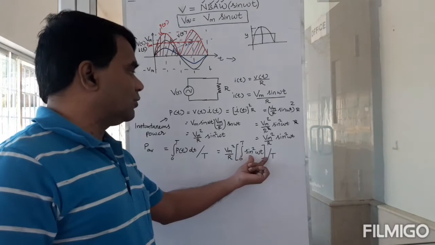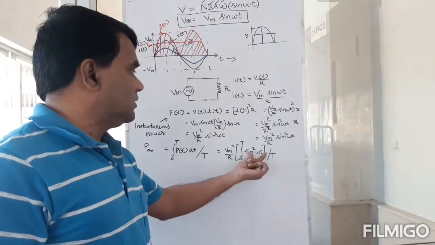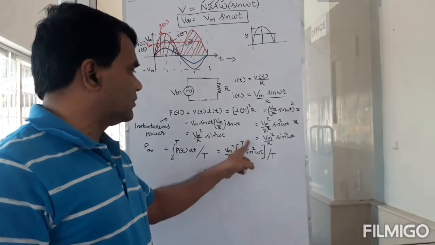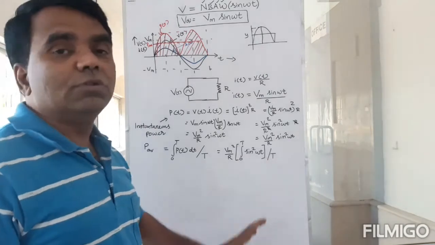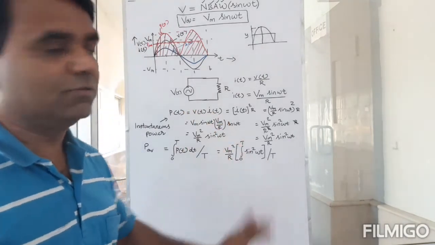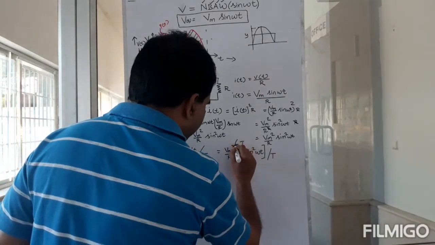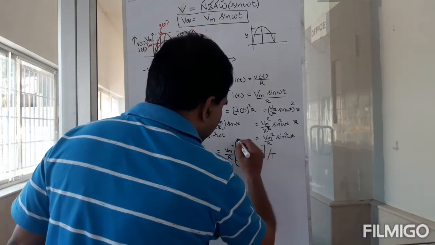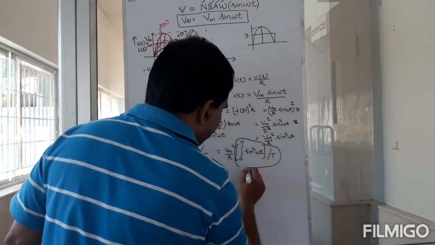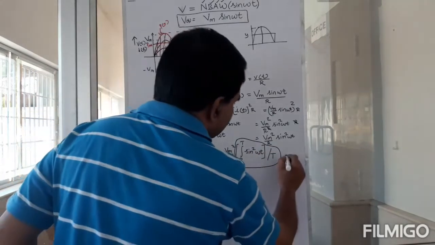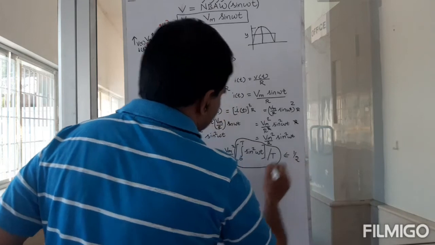We know the value of this. We've just done this. Sine squared omega t integrated from 0 to T divided by T will give you half, 1 by 2. We just calculated this to be 1 by 2.